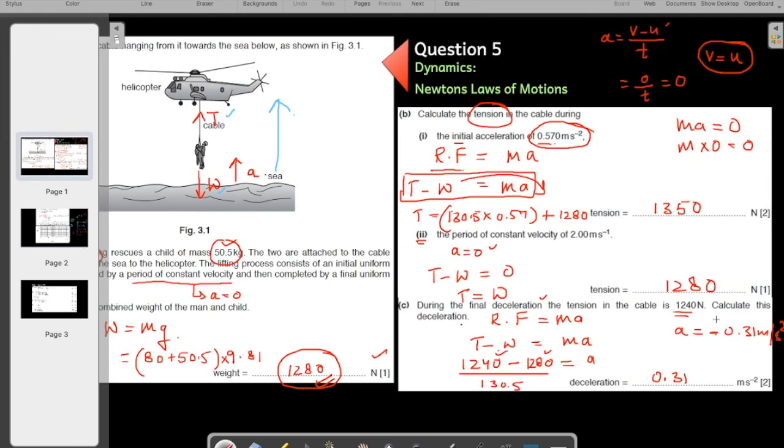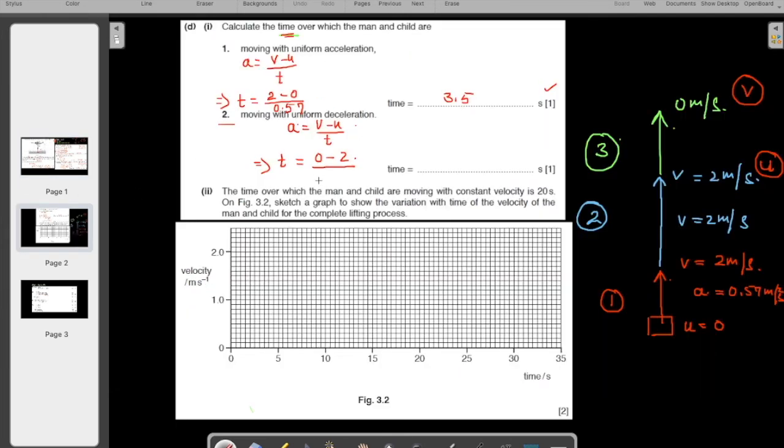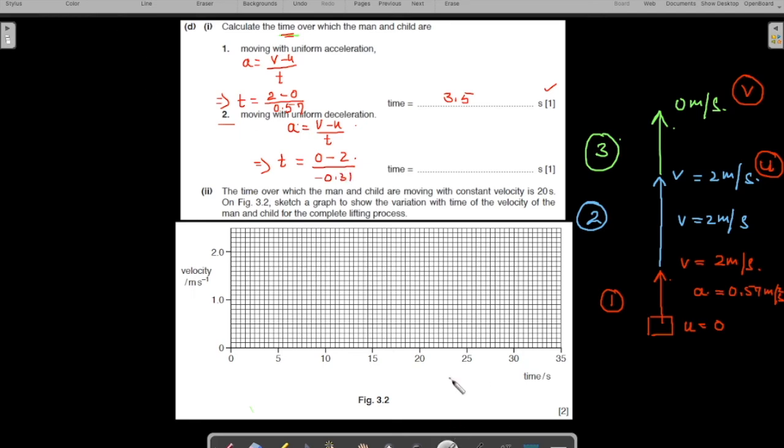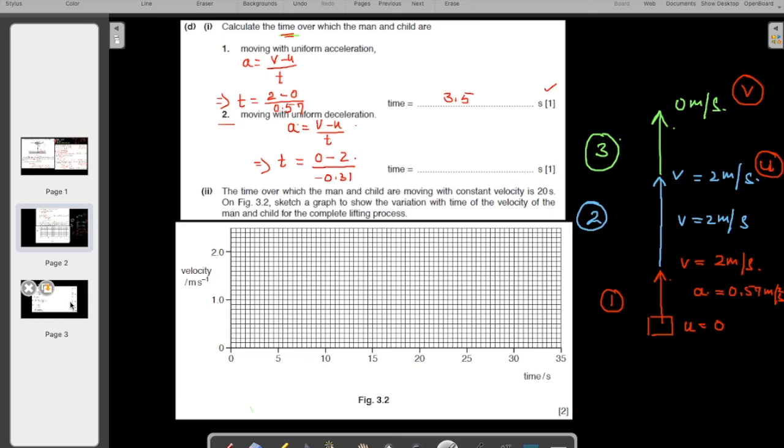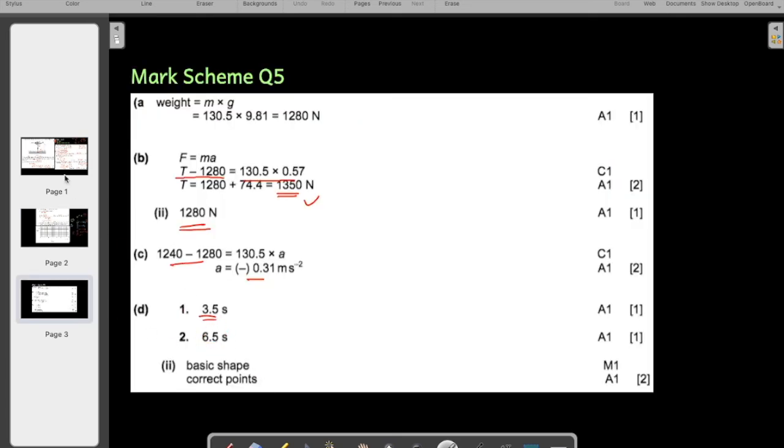How much was the deceleration? Minus 0.31. If you clearly see, the numerator is a negative number, the denominator is a negative number, so your answer will be a positive number. Time has to be a positive number, really, logically. And if you solve it, pause the screen, solve it in your calculators, your answer should be 6.5.